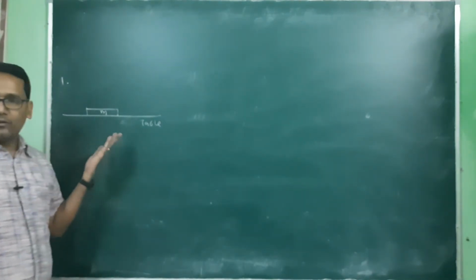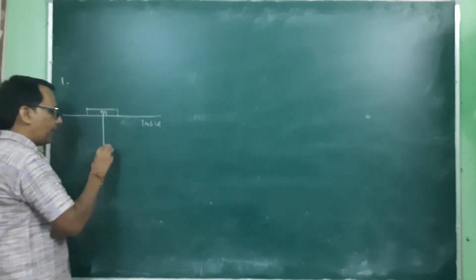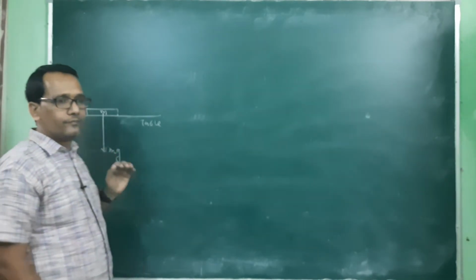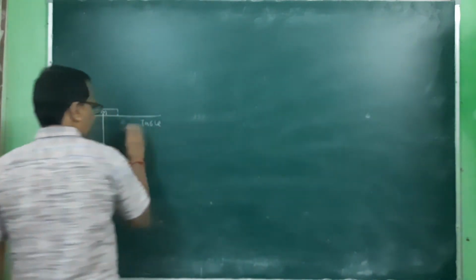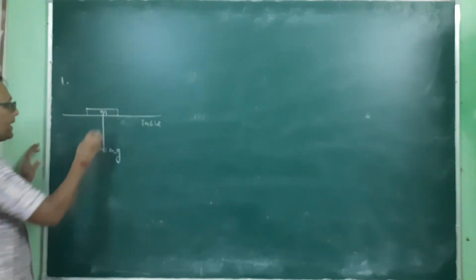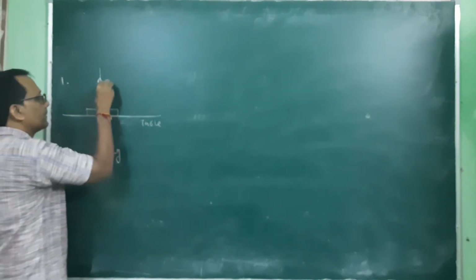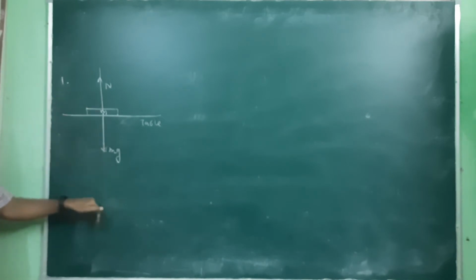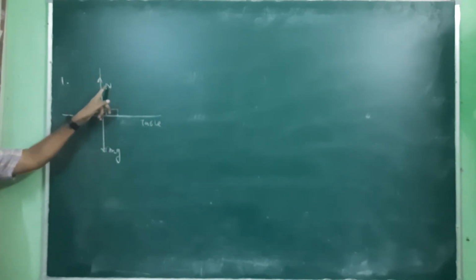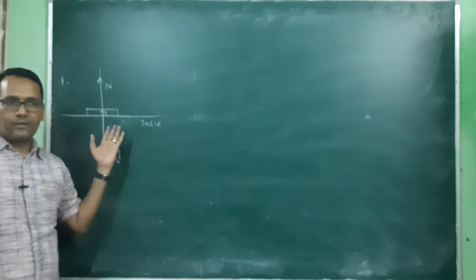So let us think about the forces. One force is the gravitational force mg toward the center of Earth, and the action-reaction pair, Newton's third law of motion: one reaction force exerted by this table on this book is N, the normal force. So two forces are applying, one toward the center, mg, and another one is the normal force because of this table.